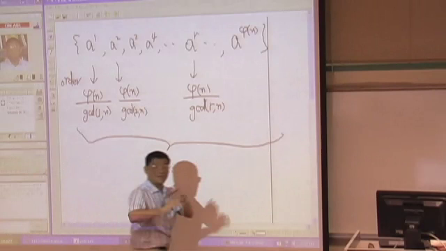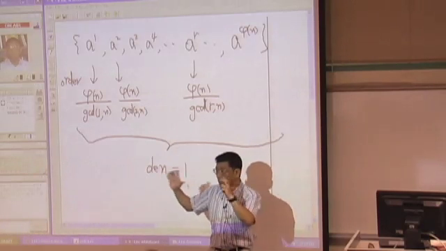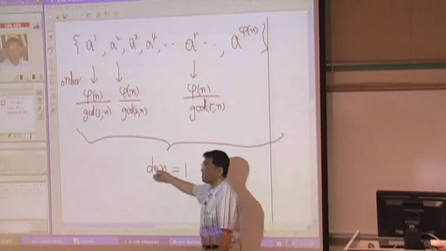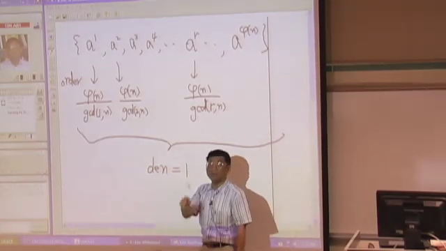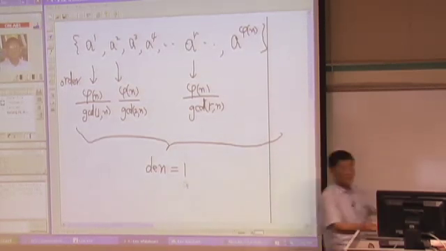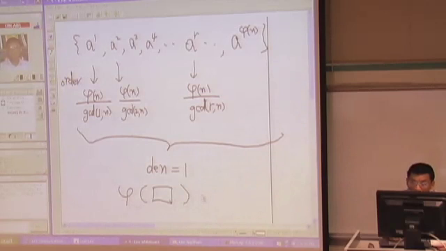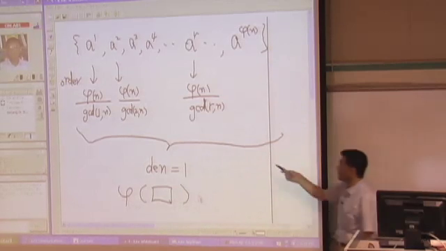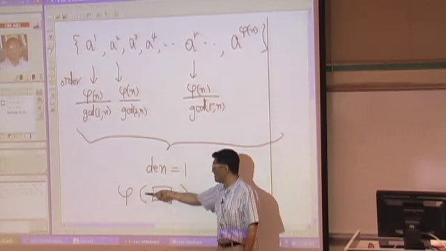We have total phi of n numbers, right? Then how many of them have denominator equal to 1, or GCD equal to 1? By definition, phi of that number, right? In other words, phi of that number is the number of numbers having GCD equal to 1, by definition, right? This is the definition of phi of something, right?